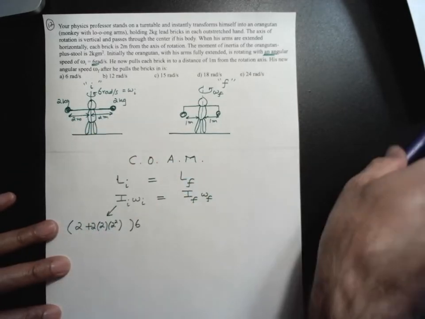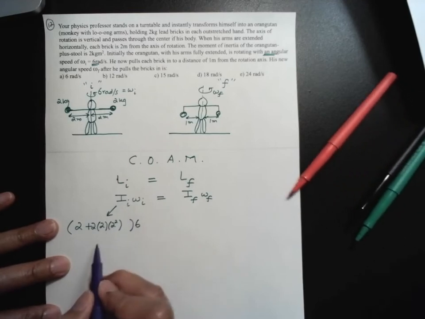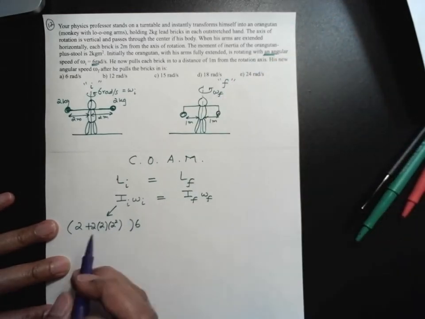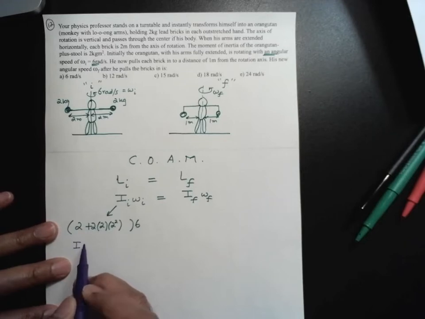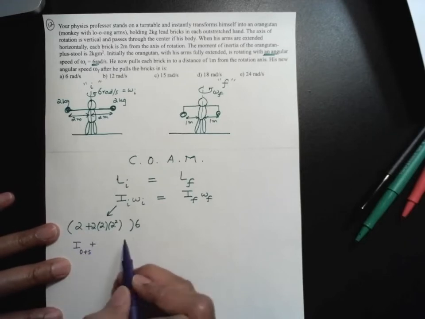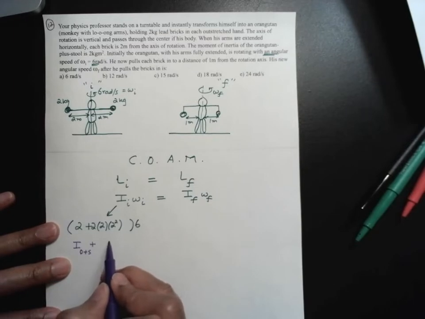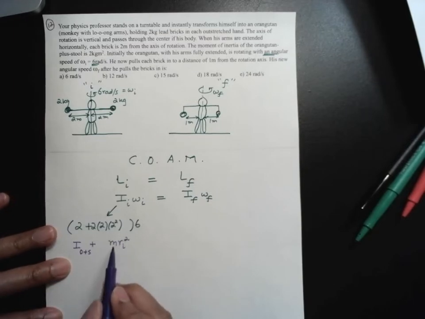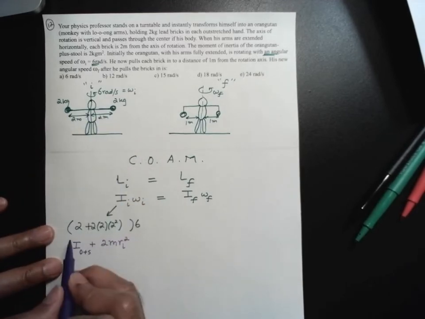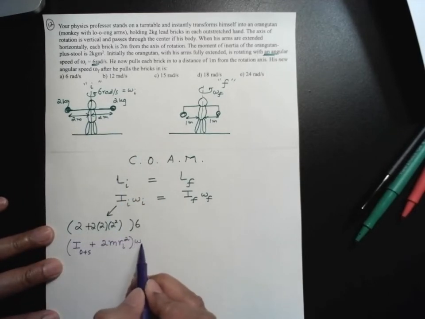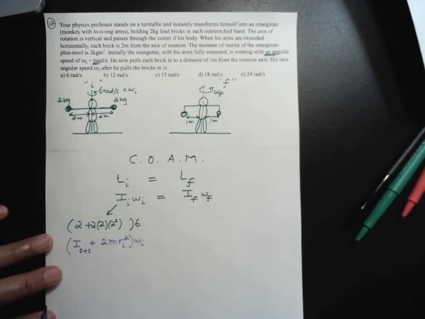I think that's a little confusing. So basically what I'm saying is that the moment of inertia is the moment of inertia of the orangutan plus stool, plus there is the moment of inertia m r initial squared for each mass. So there's two of them, right? And that times omega initial, right?